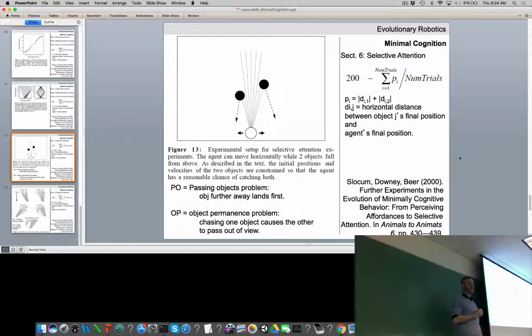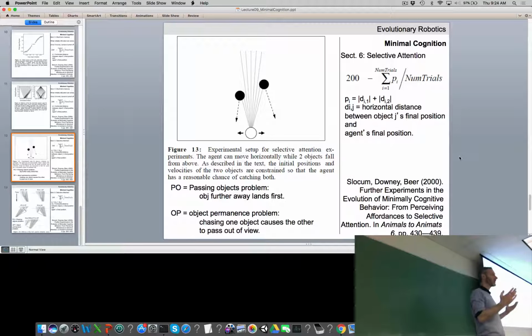When they pass where the robot is? Exactly, right? So at the moment that object 1 hits the ground, calculate D1, how far was the robot from object 1. And then when object 2 hits the ground, calculate how far the robot was from object 2 at that point in time. And those points in time are going to be different in different environments, right?